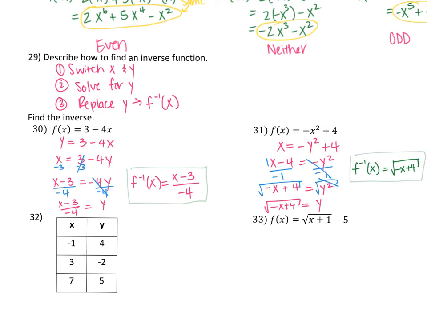All right, let's take a look at this table here. So tables are nice. All you have to do is switch the x and y values when it comes to the table. But I like to make sure that my x's are in order from least to greatest. At least that's what it looks like on my key. It's not a big deal if you just switch it and not have them in order, but it's just my preference.